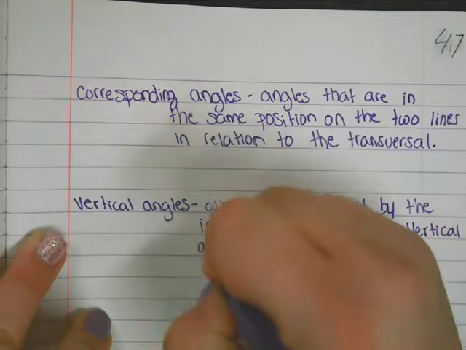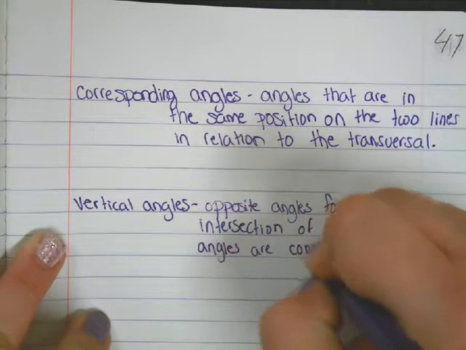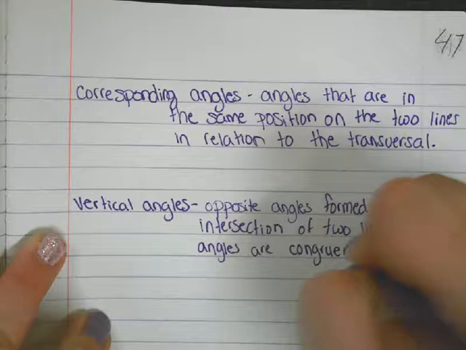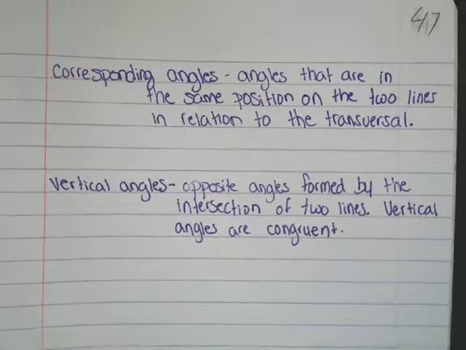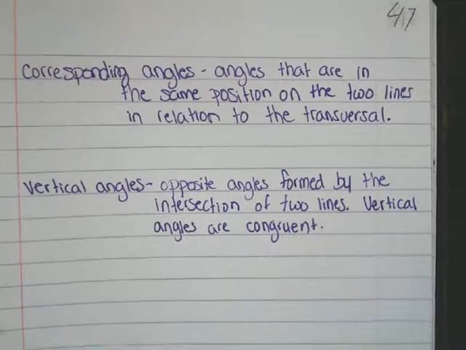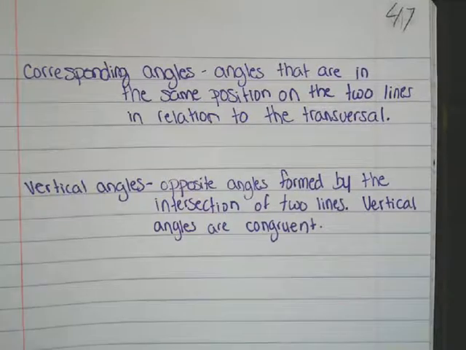What's it mean to be congruent? I say vertical angles are congruent. What do you think that means? Ms. Prano, what's congruent? They're equal. Okay, so if I have one angle that's 36 degrees, if I look for the vertical angle, that's also going to be 36. So if you need to write the same behind congruent to know that that's what that means, you might want to do that.